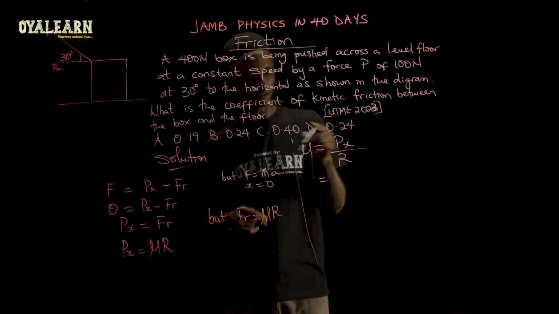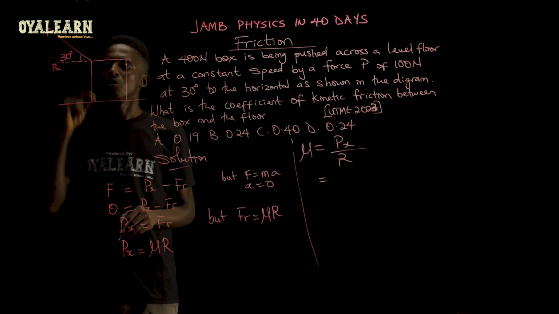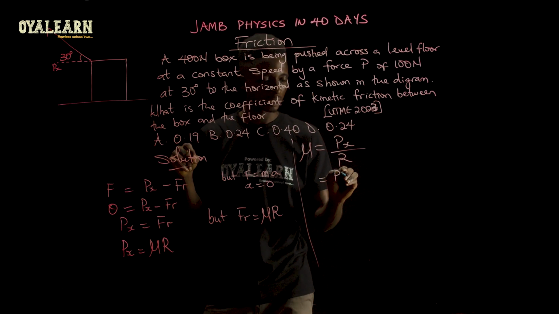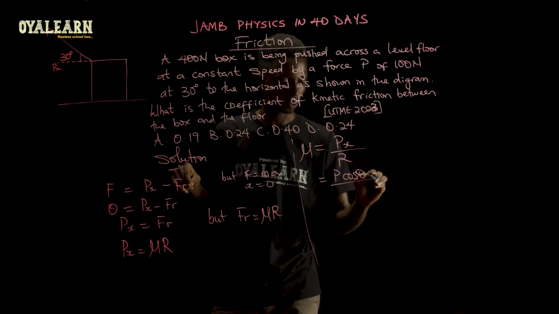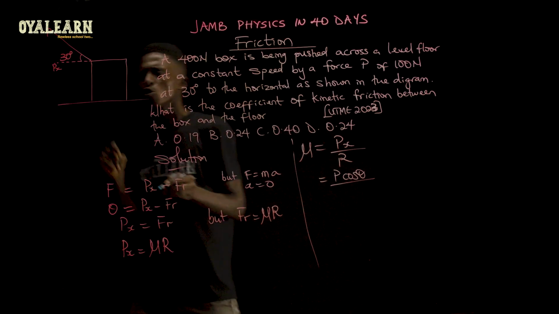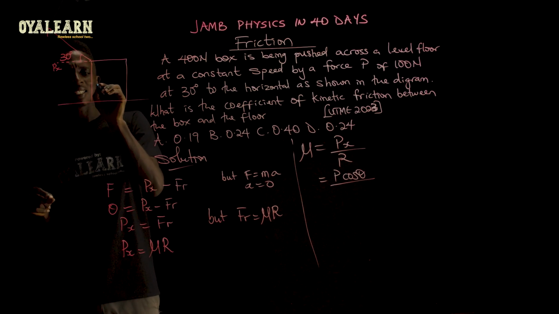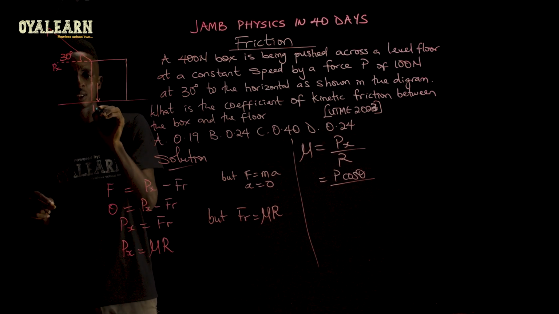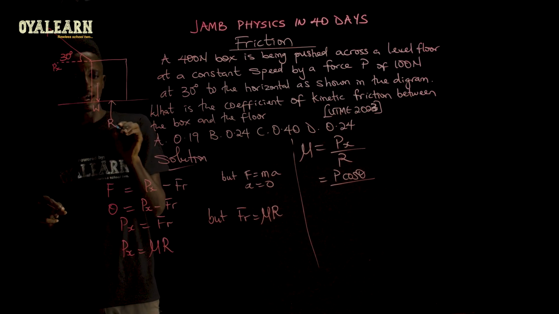Now what is P of x? Let's resolve the horizontal component of P here. That would be P cos theta over, now what is this R here? To get the value of the normal reaction, we have to know that the weight acting here is W downwards, but the weight acting upward is the normal reaction.